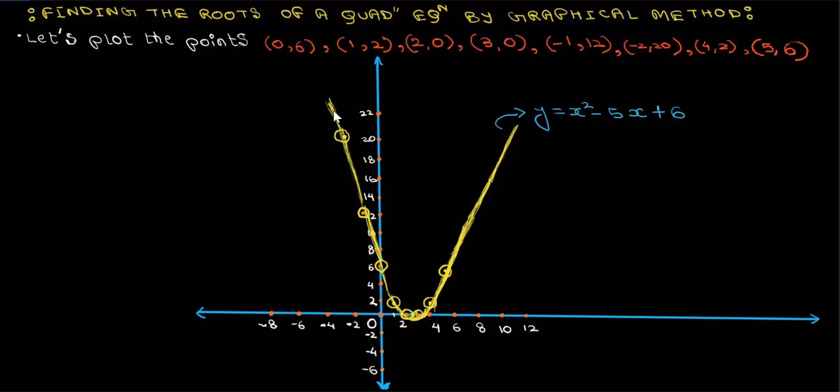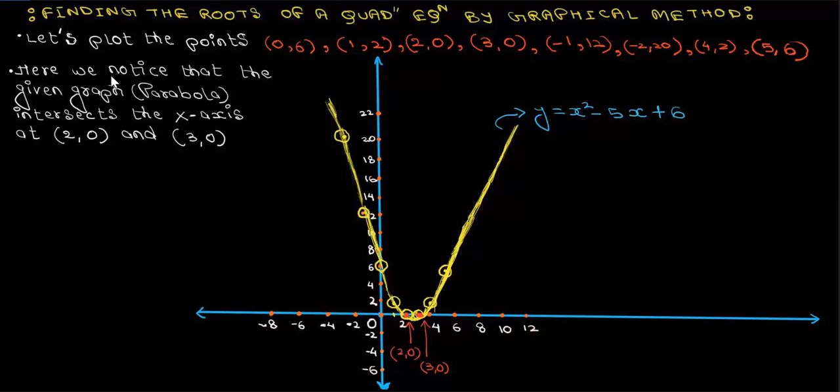I can see that this parabola is intersecting the line y equal to 0, which means the x-axis, at 2 points: at 2 comma 0, this point, and at 3 comma 0, this point.